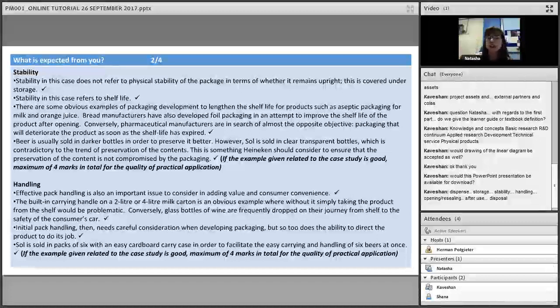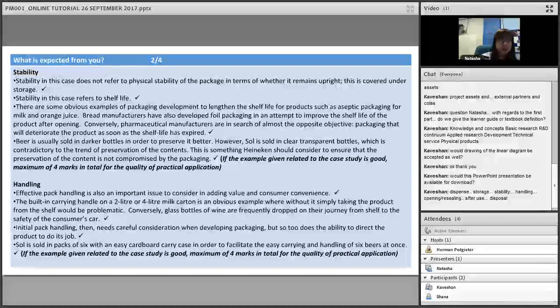Now, you will see in the case study that beer is usually sold in darker bottles, but this particular beer is sold in a see-through glass container, which is contrary to what is happening in the beer industry. And you need to determine whether, based on this particular product and its stability and the storage thereof, this is actually a good idea for Heineken to continue in the see-through clear bottle, in the transparent bottle, or not.